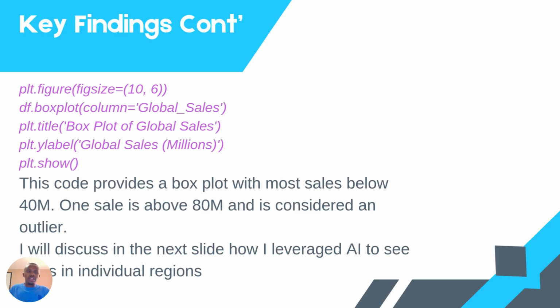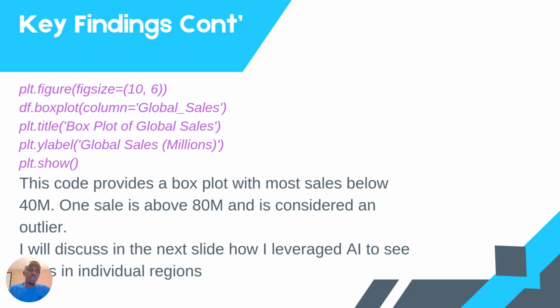So the Python code is shown in red. We are using our dataset, which is already in the data frame. We've used a box plot, and the column we are interested in is the global sales.